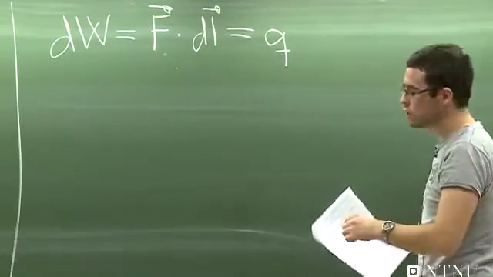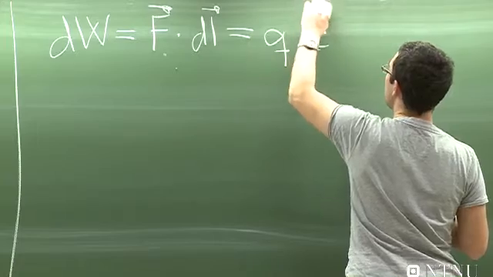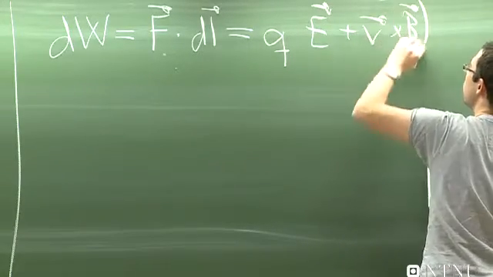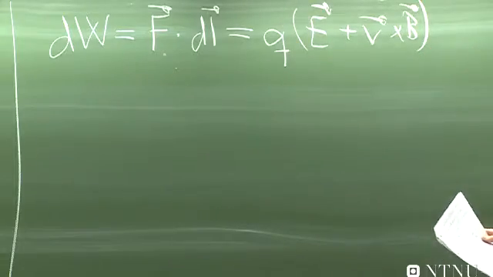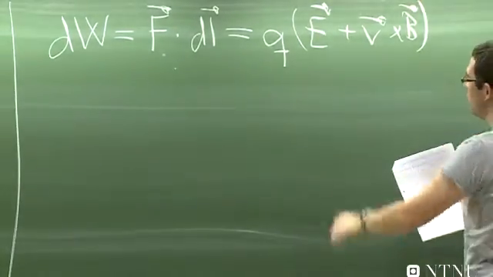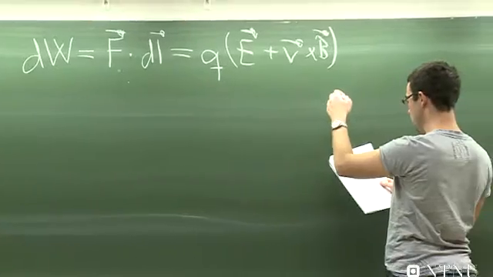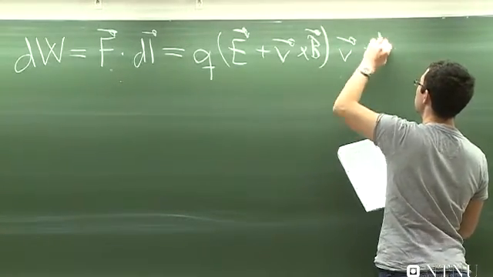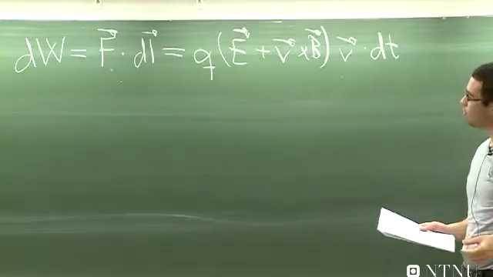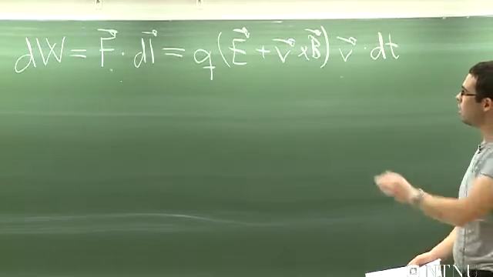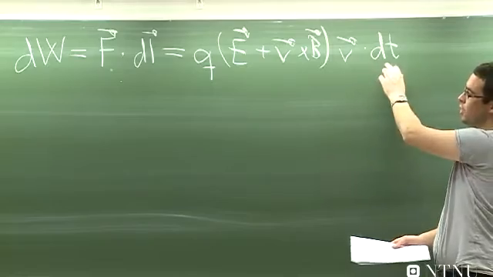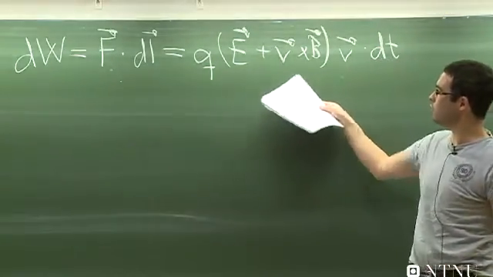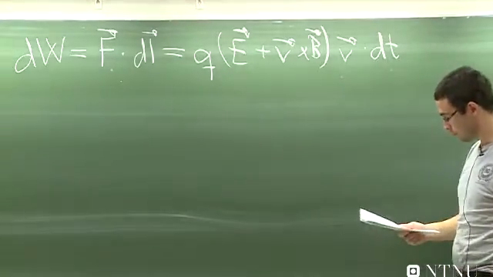And now q is the charge of the particle. And this is the fields acting on the particle. And I'll write it as v dt. So the particle is moving at velocity v for a short time interval dt, giving a small length, and this is the force acting on the charged particle.